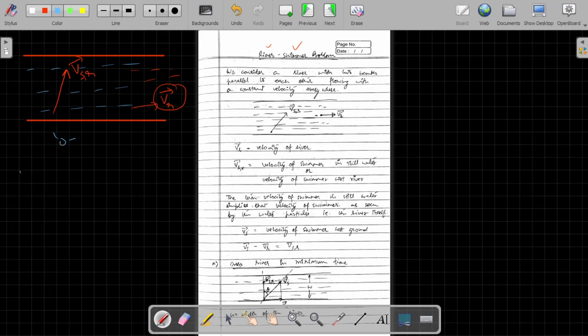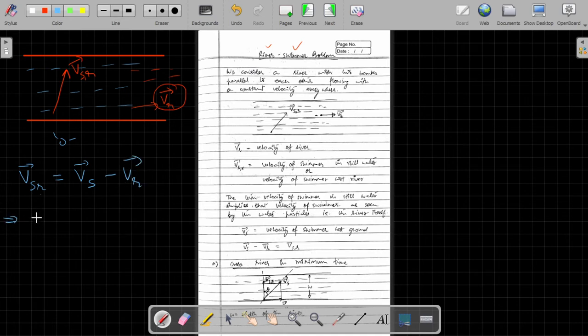So we know the velocity of point S with respect to point R. When we are trying to find the velocity of point B with respect to point A, we write the velocity of point B first, that is the velocity of swimmer, minus the velocity of river. This is the formula which we know.